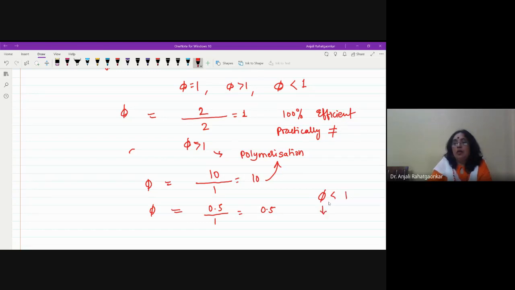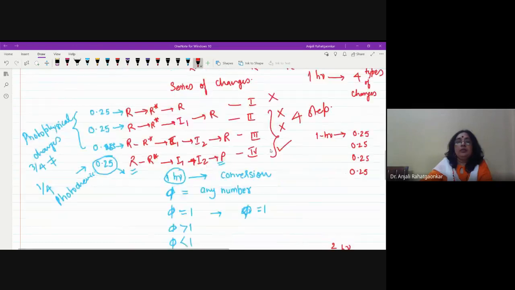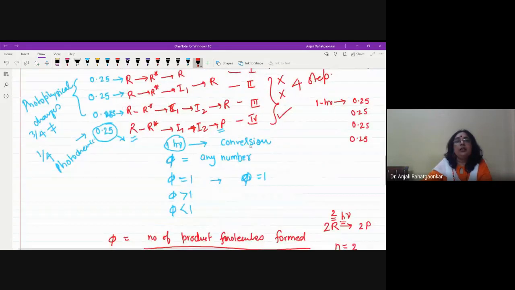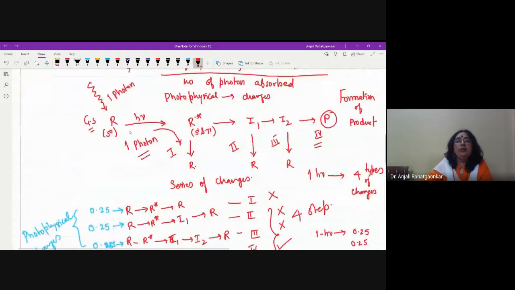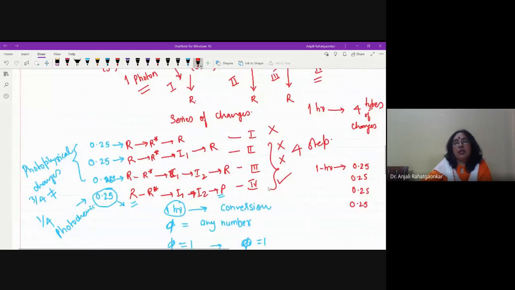Now, this we always observe here, that efficiency is never equal to 1. It is always less than 1. Why? Because we have seen in this reaction, though we have this conversion, it is a partial conversion.